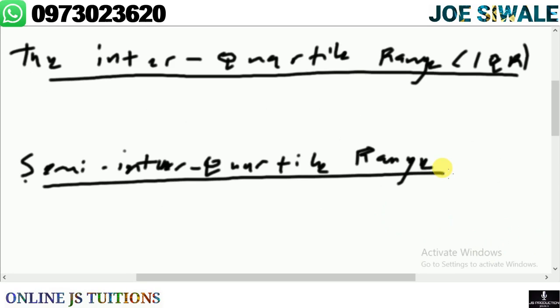Let us look at the interquartile range and the semi-interquartile range. So the interquartile range, which is represented by IQR, is found by saying IQR is equal to our Q3, which is our upper quartile, minus our lower quartile, which is Q1.